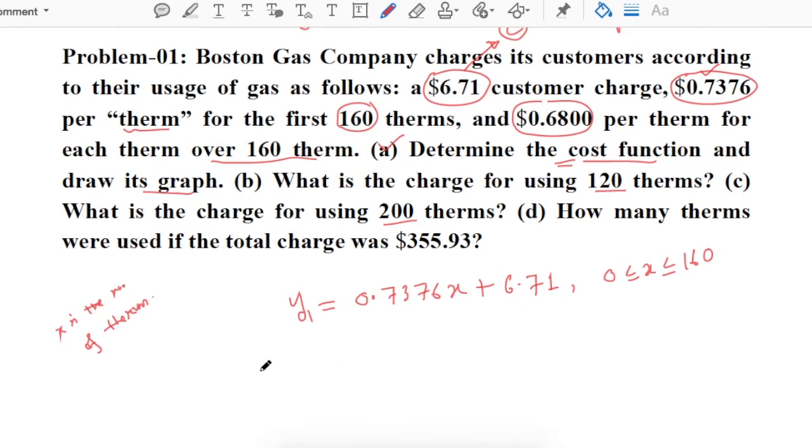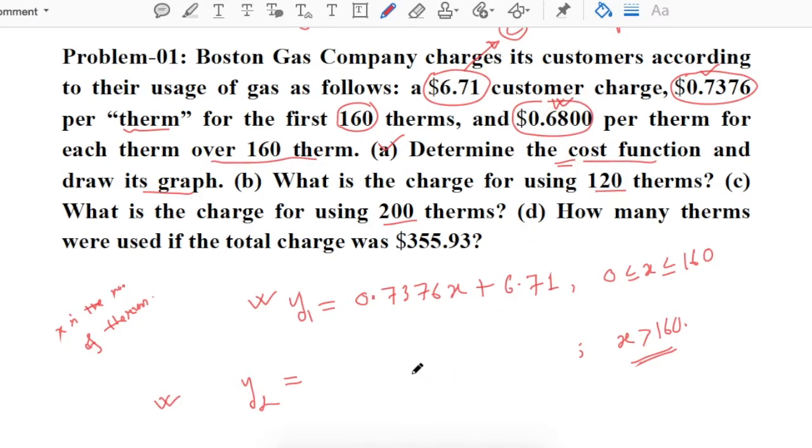And now let us think about the second piece. Let us denote it by y2, and this piece will be over 160, so here x is greater than 160. Note that if you are using over 160 therms, for the first 160 therms your payment will be the same.